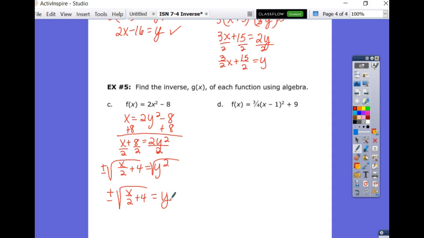So we're going to follow the same steps on the last example. We're going to switch the x and the y, and I'm solving for y. And you told me the first thing I'm going to do is always add or subtract. So I'm going to subtract my 9.